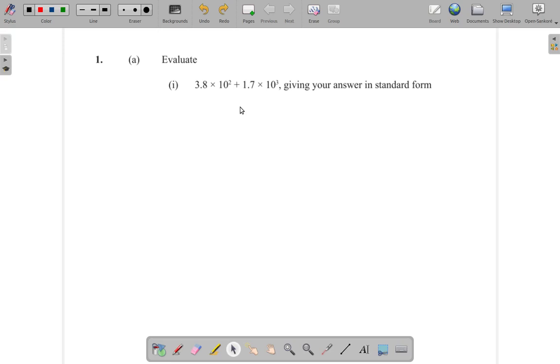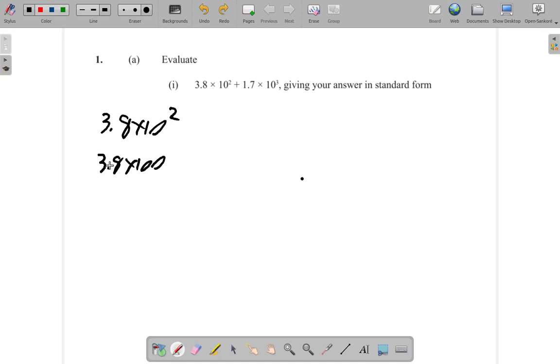Now, let's see what's happening here. You have 3.8 times 10 squared, first of all. 10 squared is 100. So this is the same as 3.8 times 100.